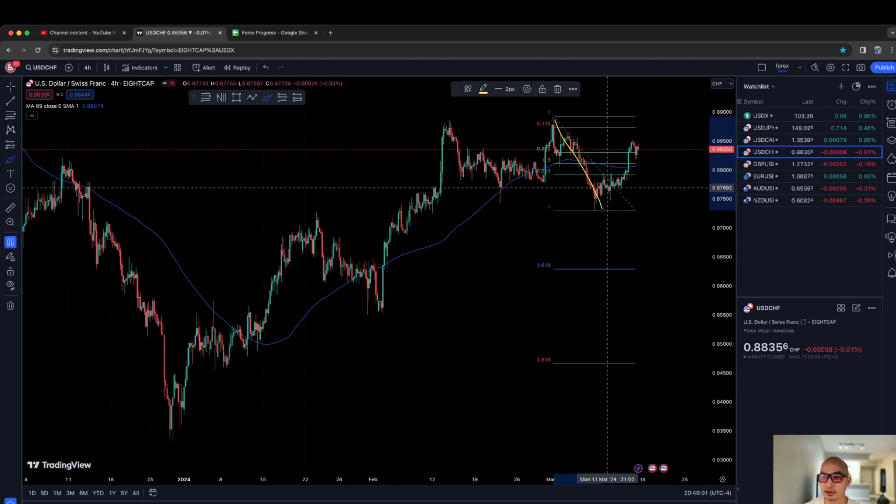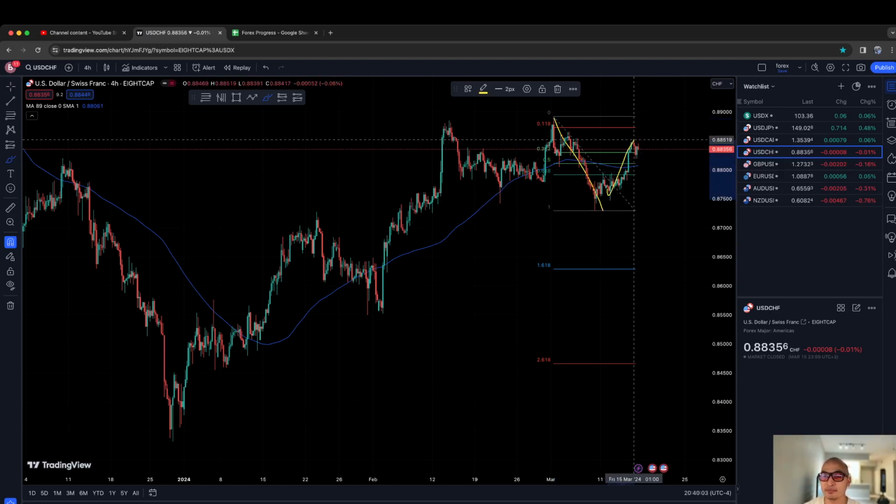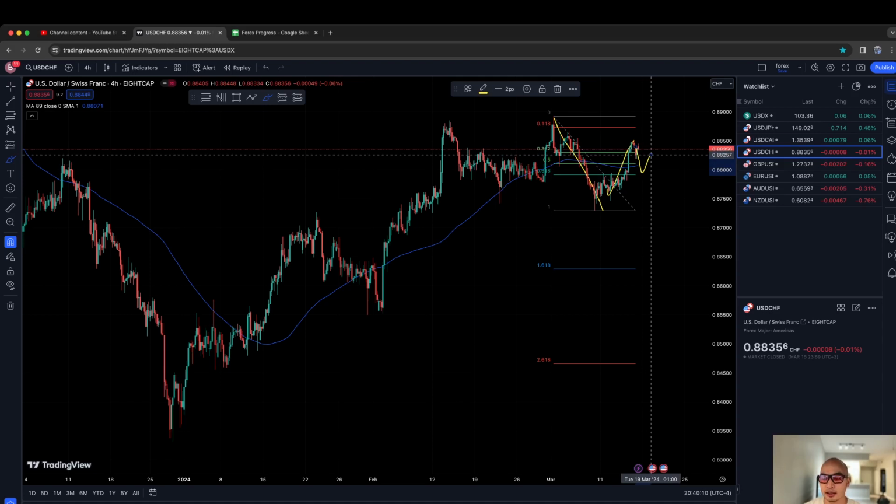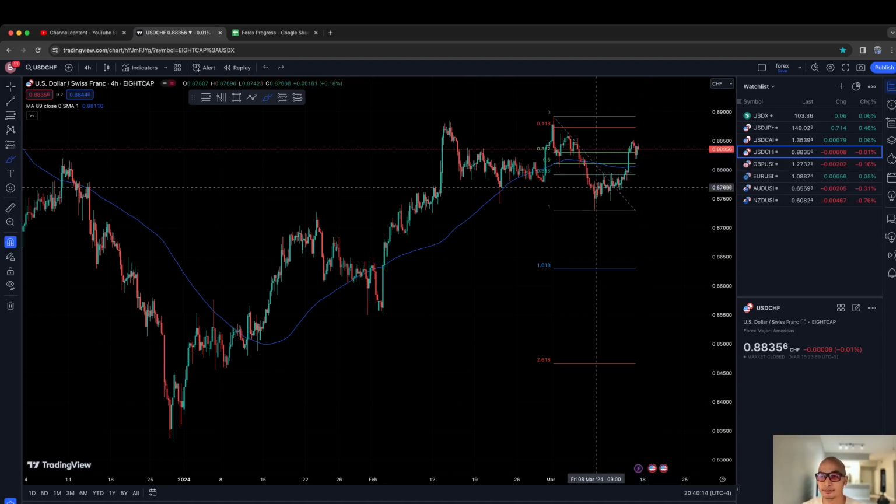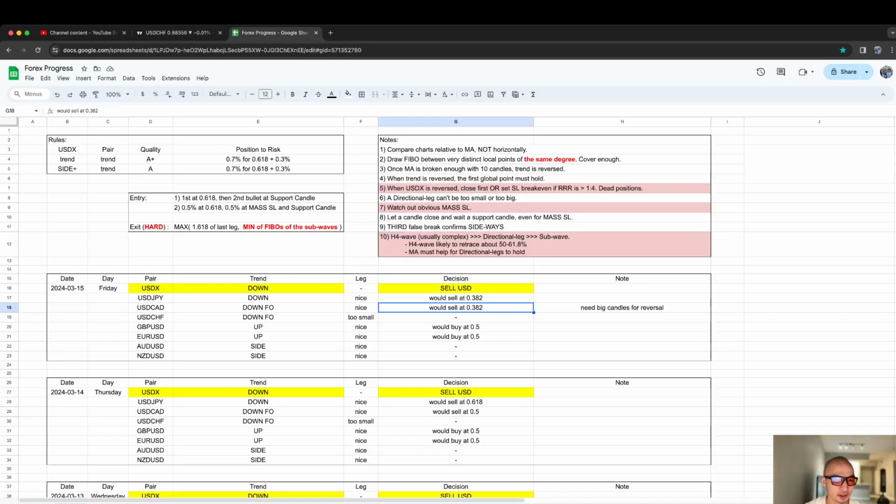Technically speaking, we have a few candles hanging out above the moving average, which is still considered a fake out. But since the leg size is small, I wouldn't recommend selling USD Schweizer franc. So USD Schweizer franc trend is still down, market is doing a fake out, leg size is too small, that's why we are not touching USD Schweizer franc.